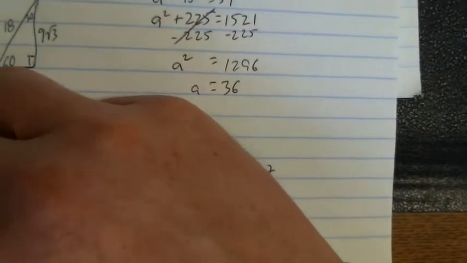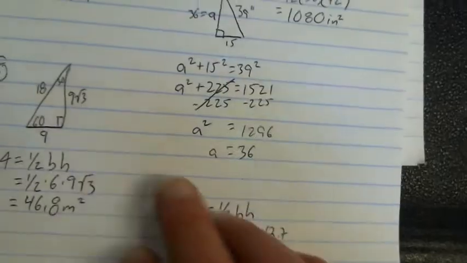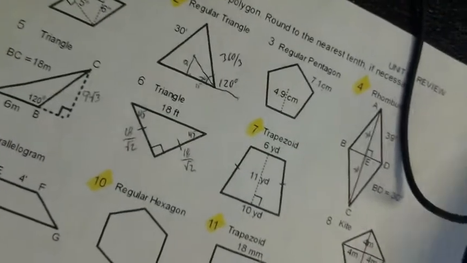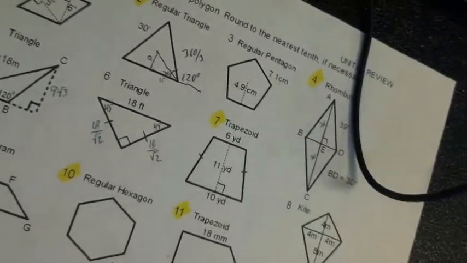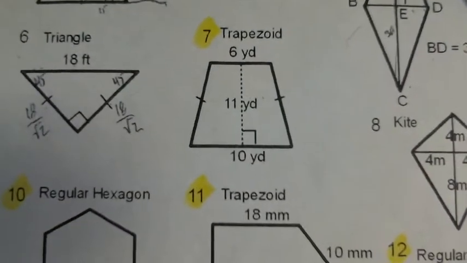Move on to number 7. Trapezoid. Formula for the area of a trapezoid. We'll take two bases, add them together, divide by 2, and times by the height.